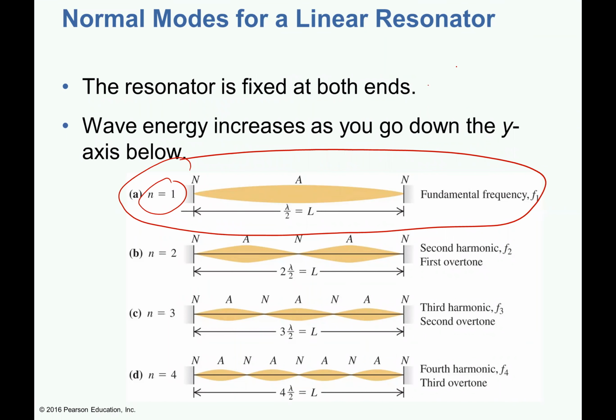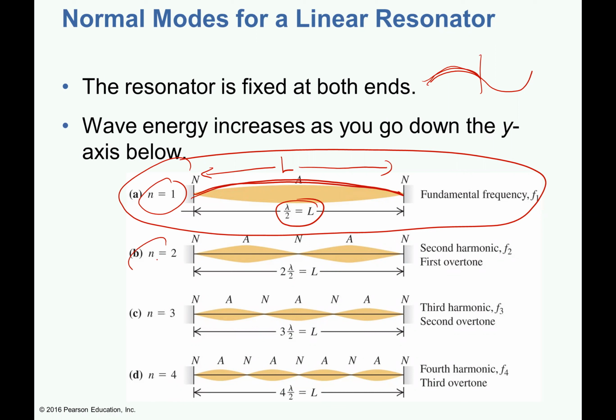This is the shape of a wave. If I take the distance from one wall to another to be length L, in this length L I have only about half of the shape of this wave. That's why L equals half of the wavelength.